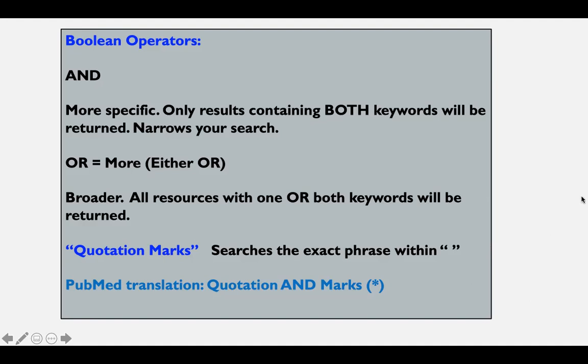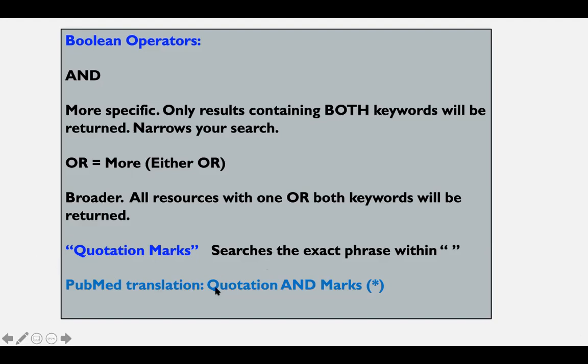PubMed is very smart. If you're not specific on the actual keyword phrase, PubMed inserts automatically by default the word and in between two separate words if you do not have an or there.